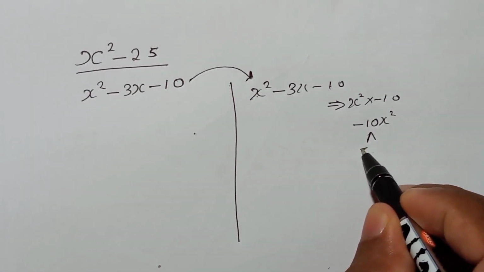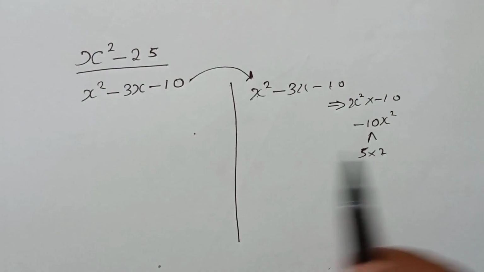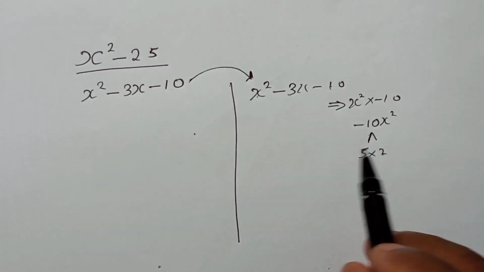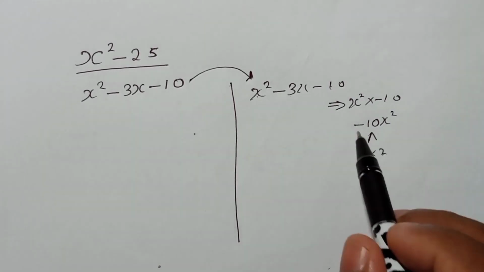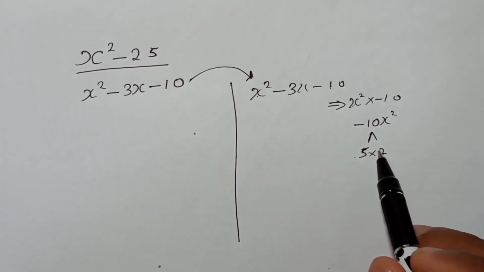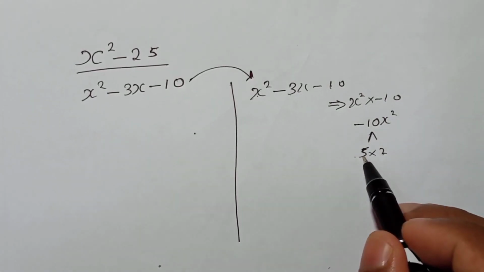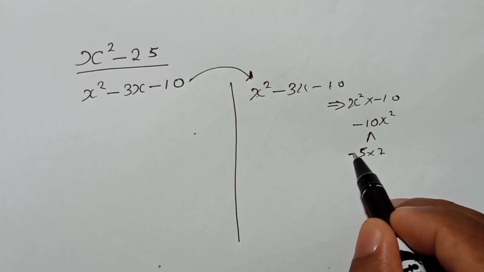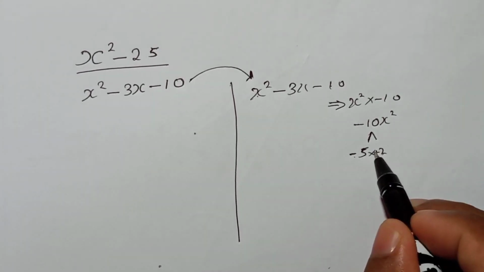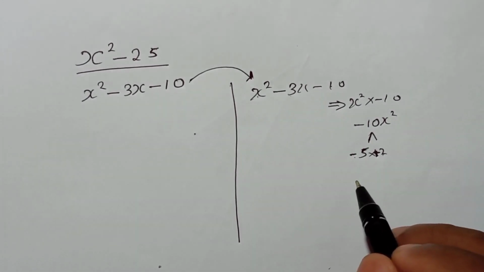So here it must be 5 into 2, and when you subtract, 5 minus 2 is 3. This matches. Then, if you have no idea, keep in mind, if this is minus, one should be minus, one should be plus. So here, since you have a minus, most of the time the bigger one should be minus and this should be plus. If you have no idea, you can use that trick.